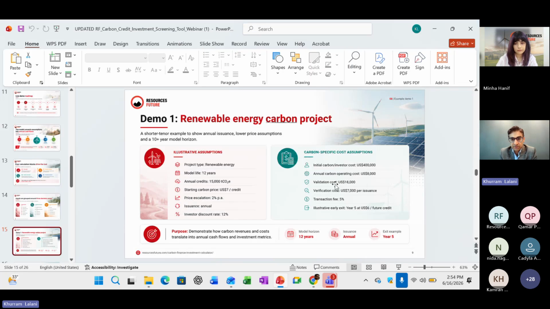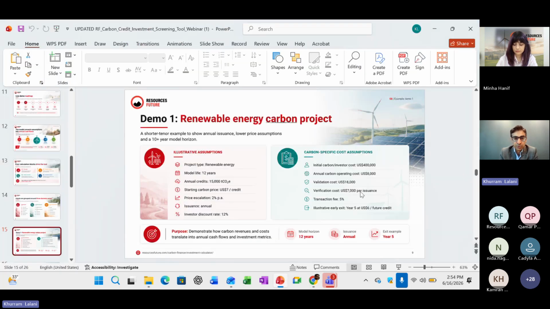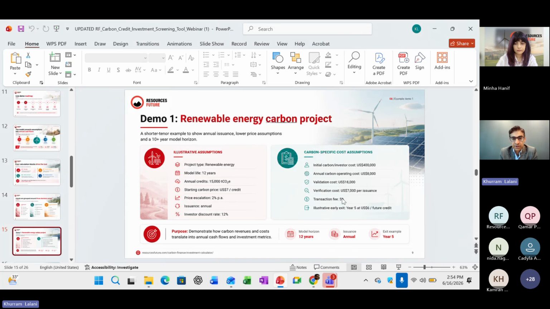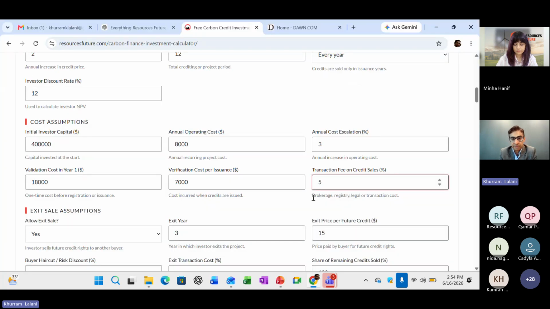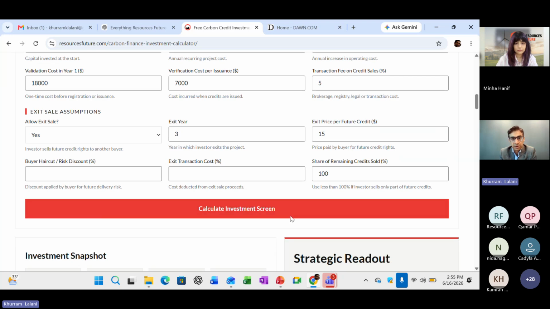Validation cost is around 18,000. Verification cost per issuance is 7,000. For the transaction fee, we say that any broker or entity would take a commission of 5% on credit sales. And then there is another set of assumptions.